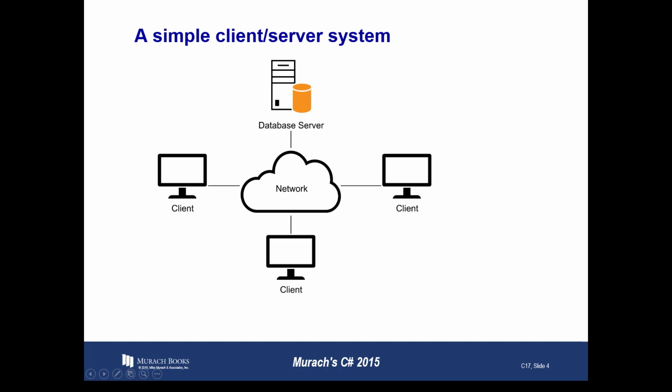So it says here a simple client-server system, and as you know, when you see those clients, those can be anything. Literally a client can be a phone, a tablet, a laptop, and there are other things it can be as well.